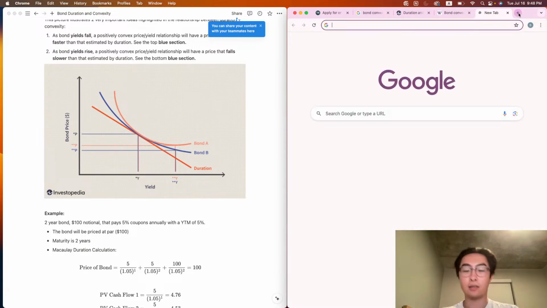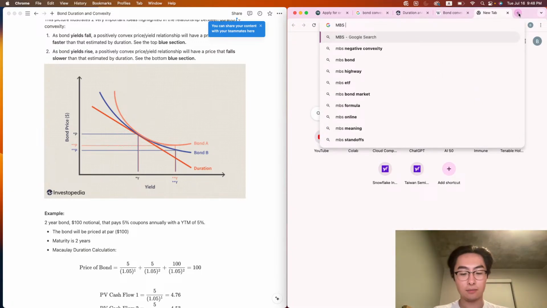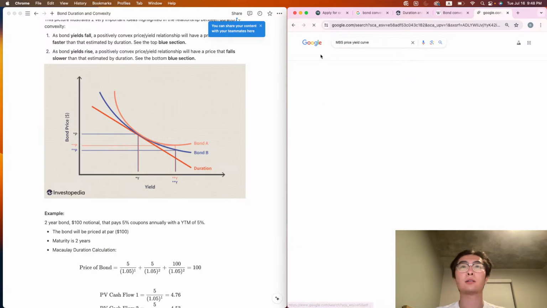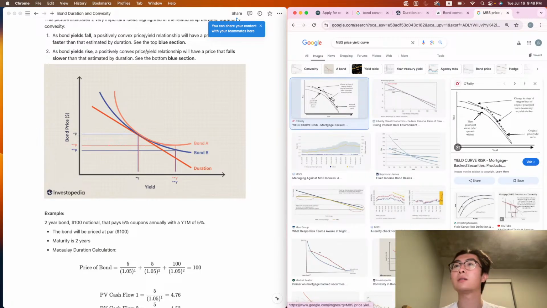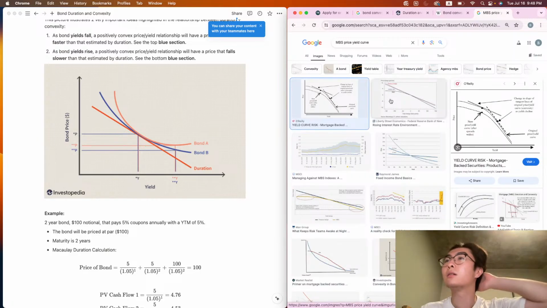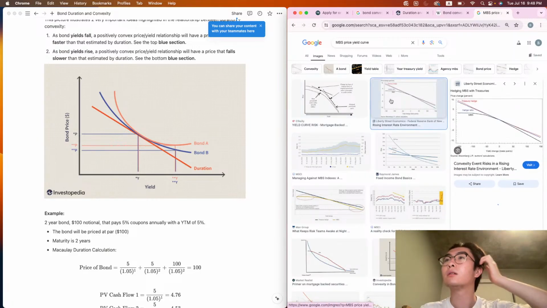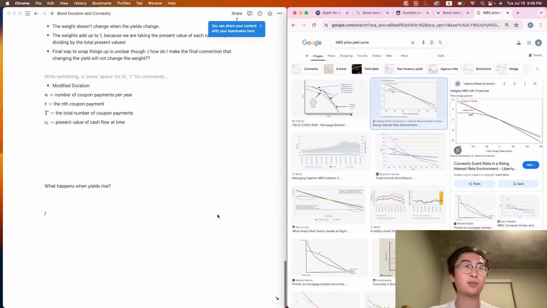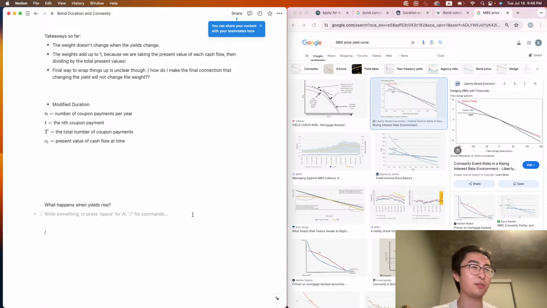Let me take a look at the MBS price yield curve. I think that is the second idea, though, right? So how do you actually hedge this stuff? This is where it gets kind of exciting, but also a bit confusing.